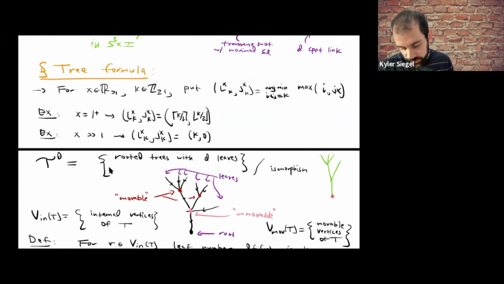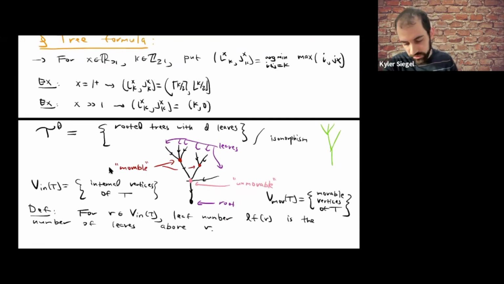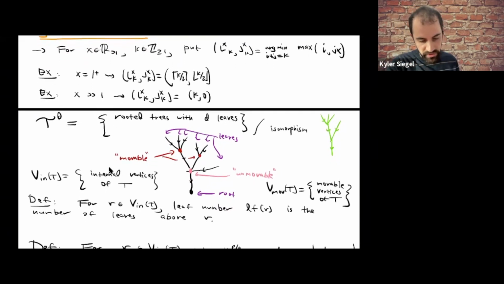There's a root, some distinguished vertex, which we usually write on the bottom with valency 1, and then there are other vertices with valency 1, called the leaves, which appear on top. You can orient the edges from the leaves towards the root. We can also consider the internal vertices, which are the vertices with valence at least 2.